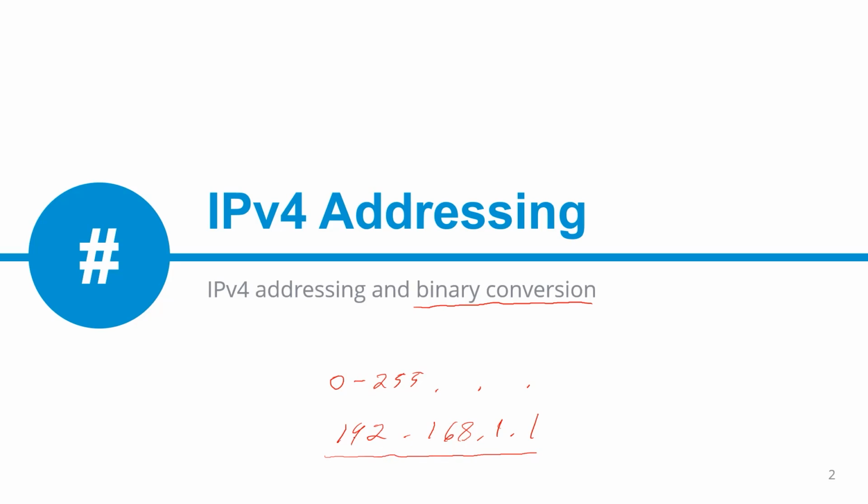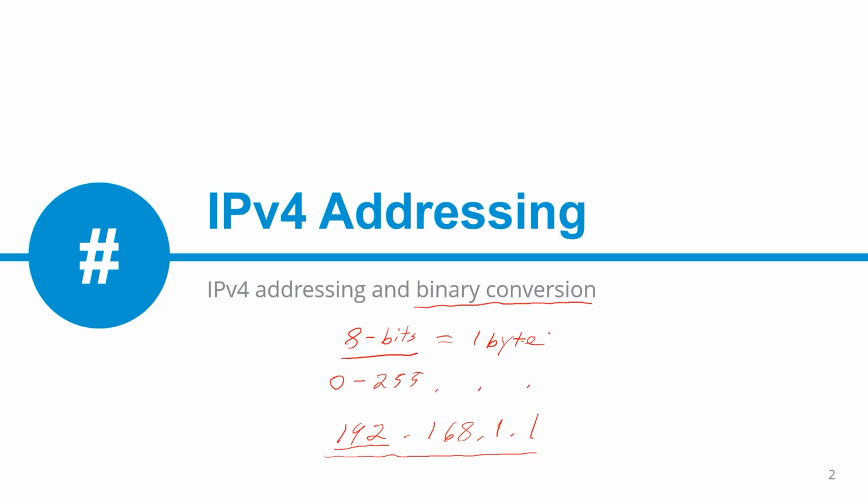Fundamentally, these decimals are just written in a manner that's easier for humans to understand. These are actually each 8 bits long, which is 1 byte.